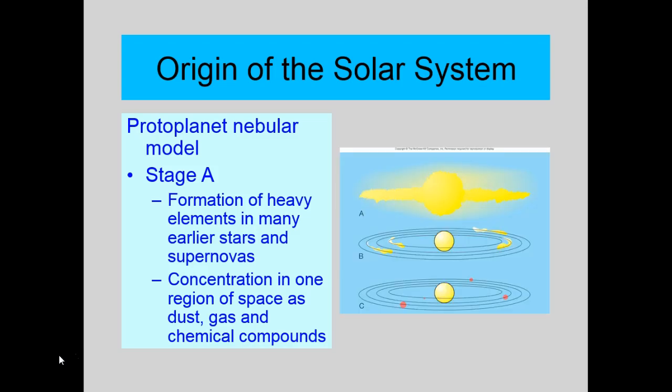Stage A was the formation of the heavy elements as many earlier stars and supernovas compressed things into heavier and heavier materials. Okay? Now, this would have formed parts of the sun that's in here and parts of this disk out here. Okay? But everything was just sort of a glob at this point.